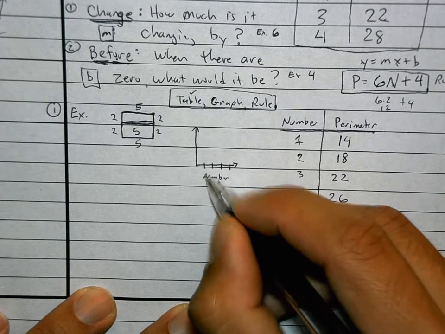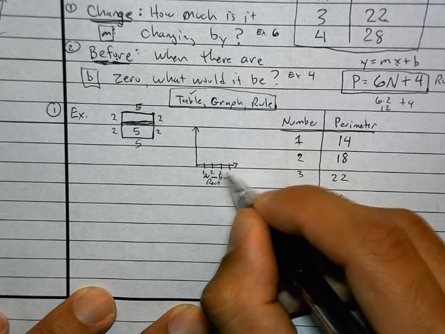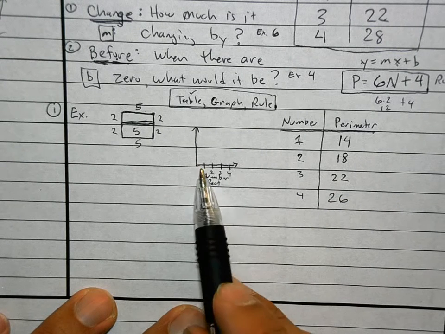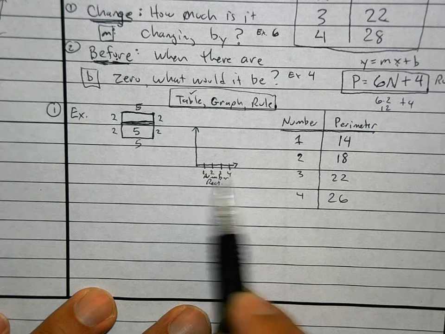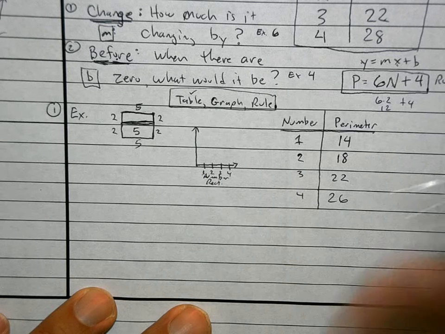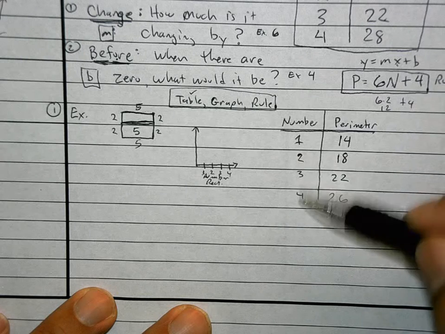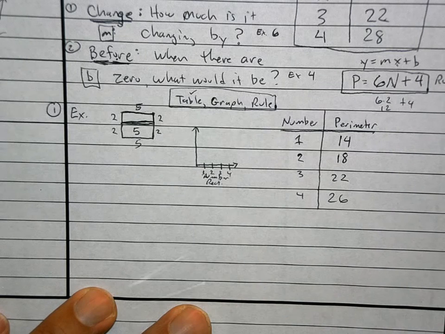1, 2, 3, 4. I'm going to count by ones. Every line is going to be 1 unit. 1, 2, 3, 4. That makes perfect sense to me. That is using my common sense, to know what I'm counting by. Make this easy on you. And then my y-axis.